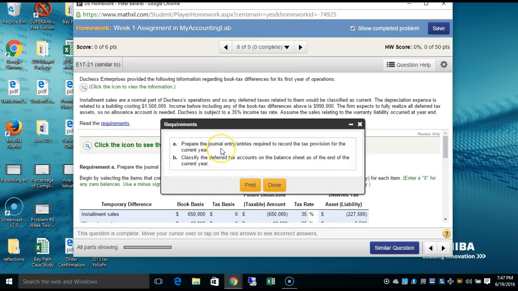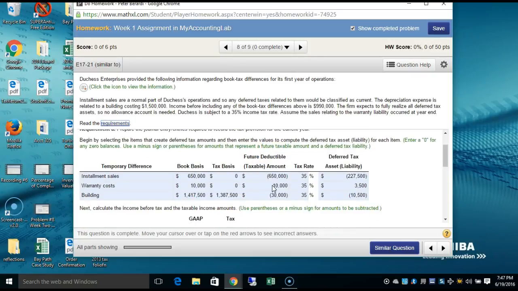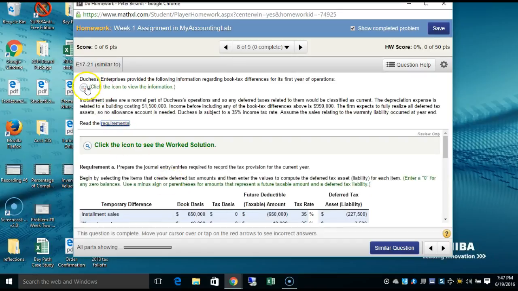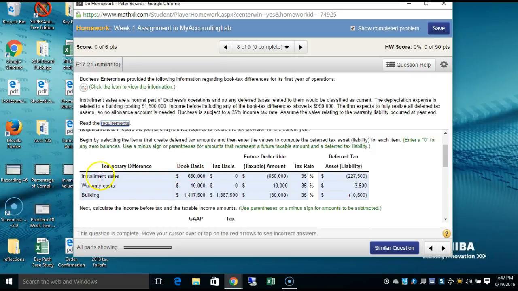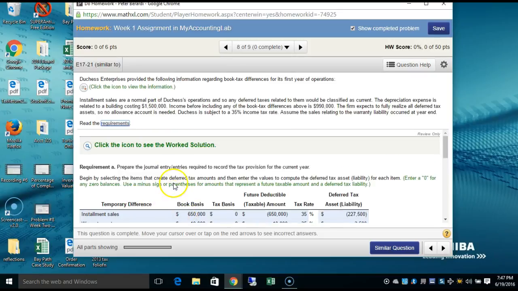We're required here to prepare the journal entries for the tax provision for the current year, and classify the deferred tax accounts on the balance sheet as of the end of the current year. So once again, to prepare that, you want to come up with the book basis for the installment sales, the warranty costs, and the building. To get to the book basis, you're simply taking the difference between the book basis and the tax basis and netting them.